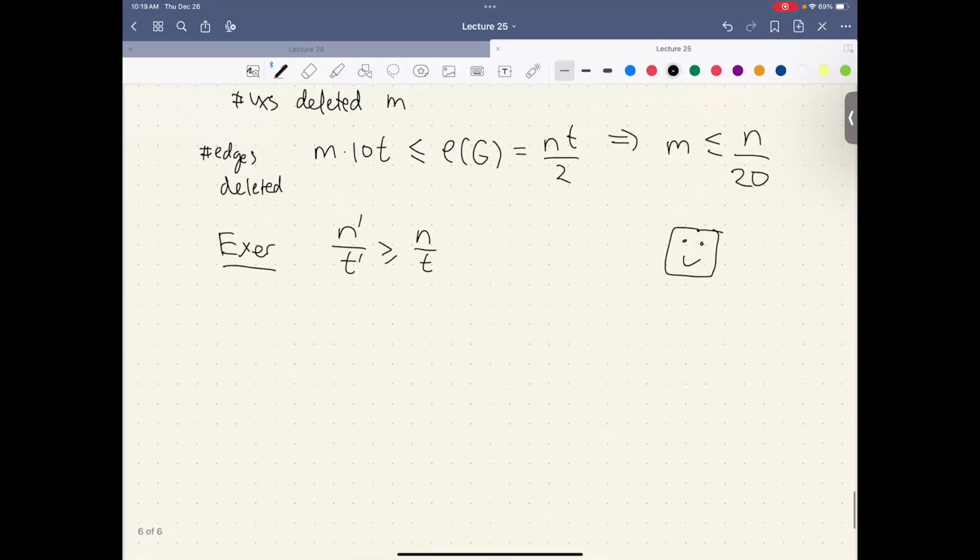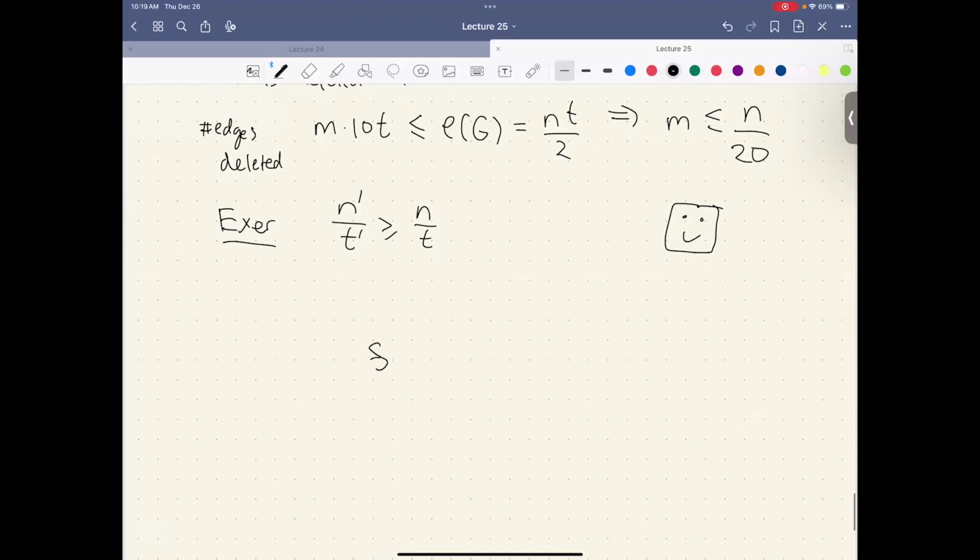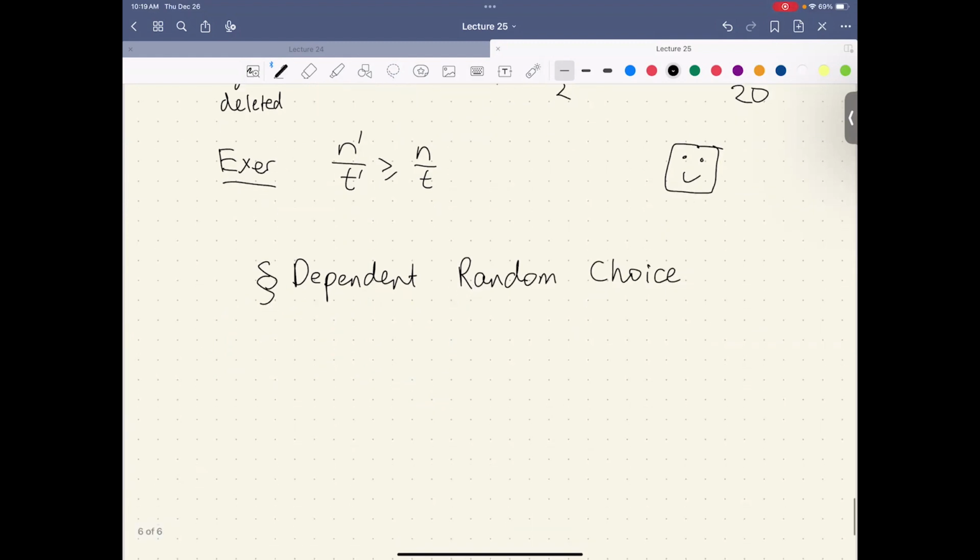Let's start a new chapter: dependent random choice.